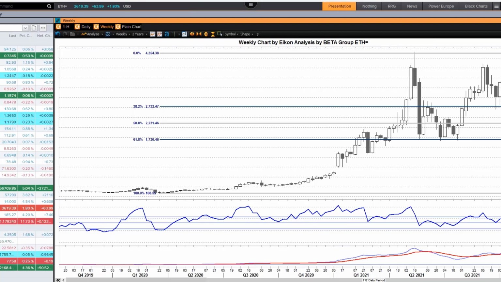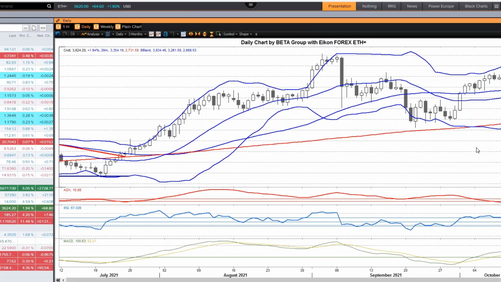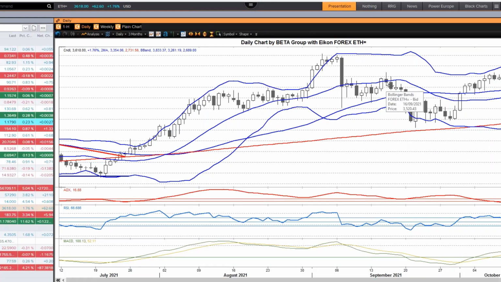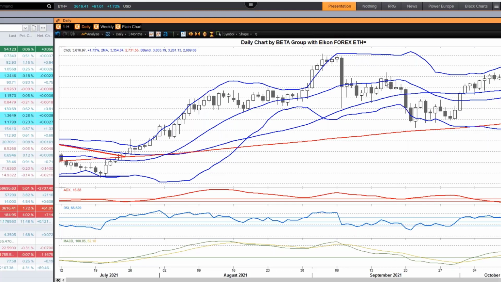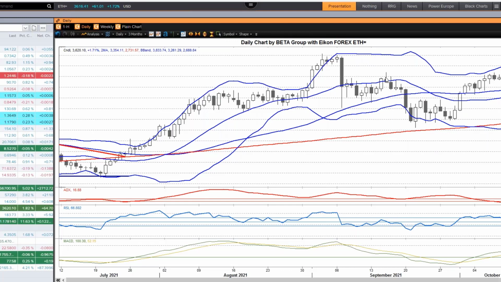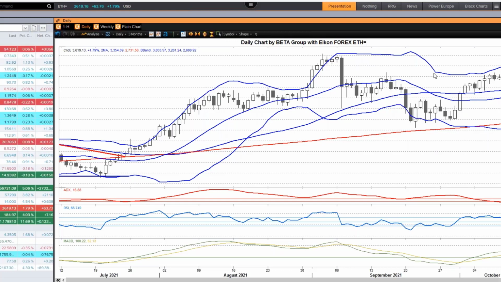The MACD is positive. The RSI is also positive in the weekly picture. So here we are approaching a minor resistance point and having a bit of trouble with it, to tell you the truth, here at 3680, and then the high here, which I mentioned previously.